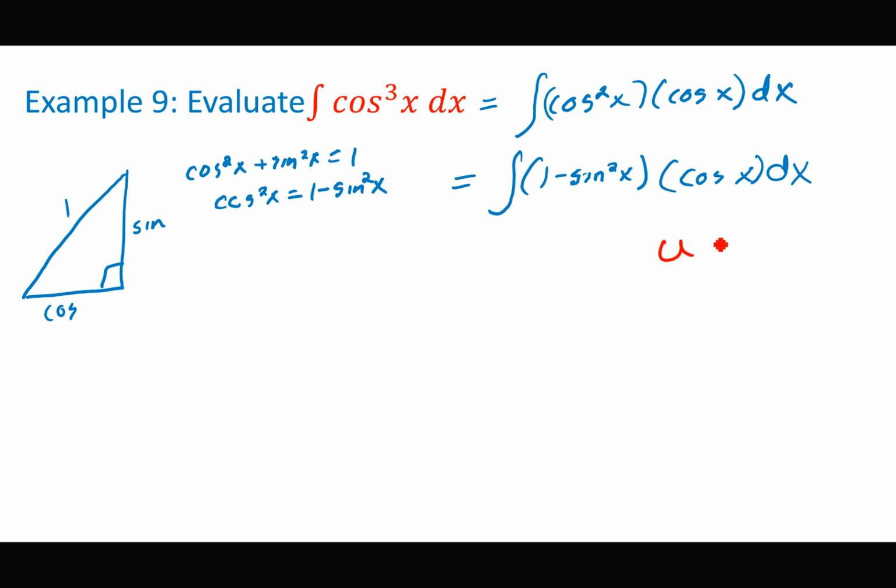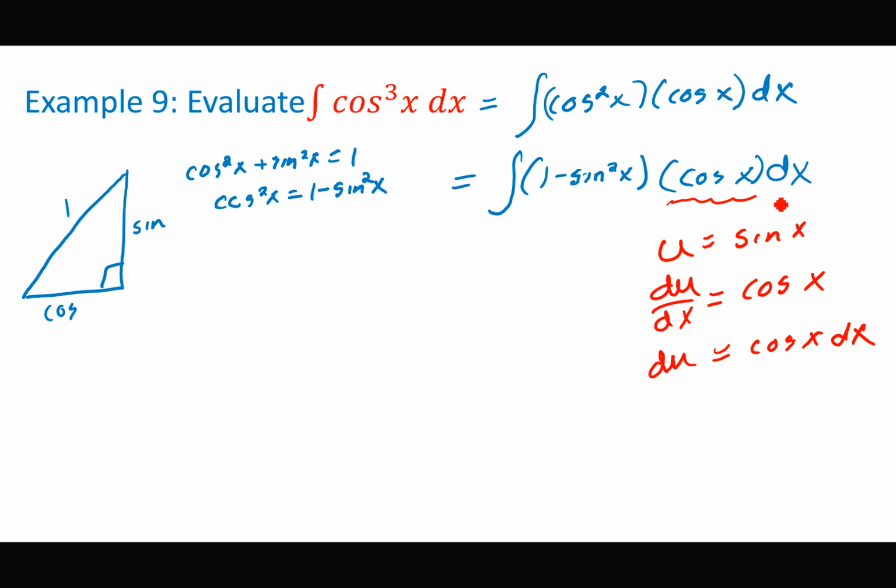What would you want to pick for u? Okay, let's pick sine x, because when we do this, we end up with cosine of x. So du is cosine of x dx. That's nice because that's all of this right here.